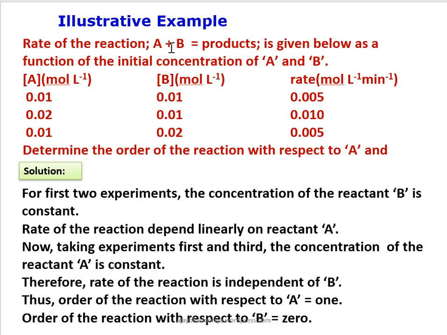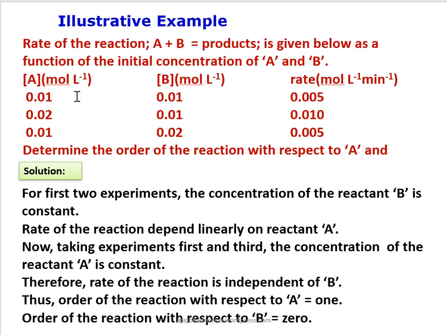Suppose the reaction is A plus B converting into product, and the concentration of A and concentration of B are given, and that is the rate, and you have to find out the order of reaction with respect to A. So for this we will form the equations.